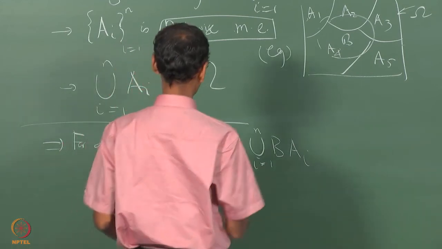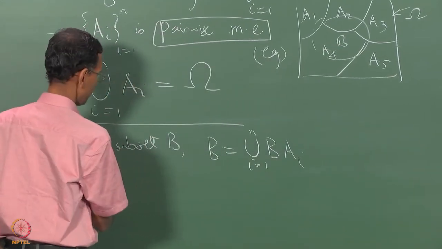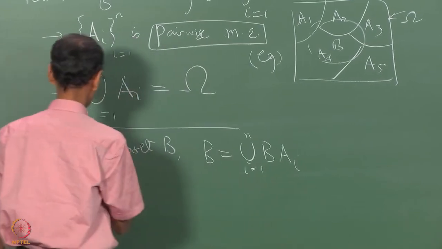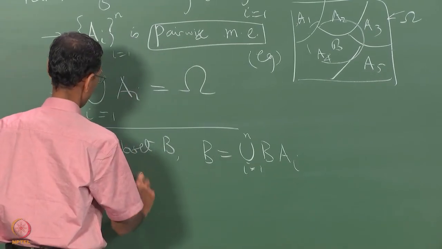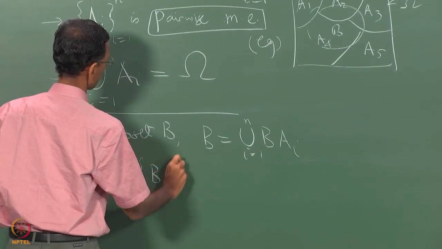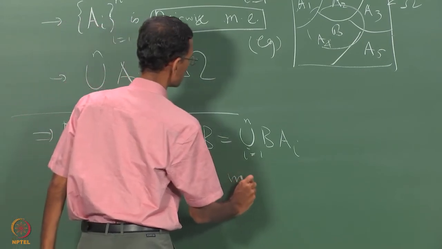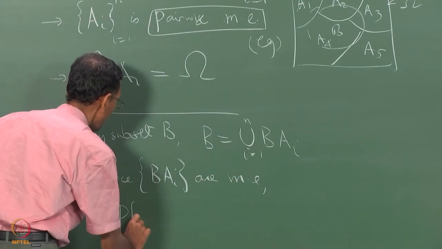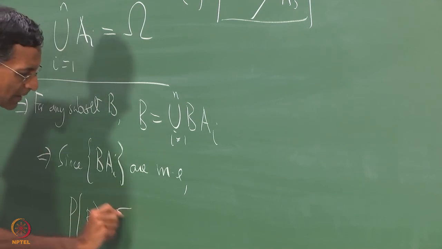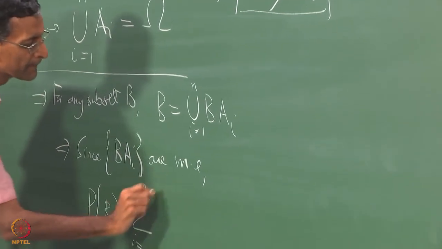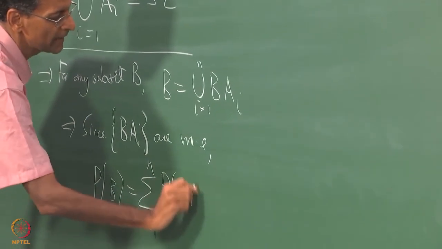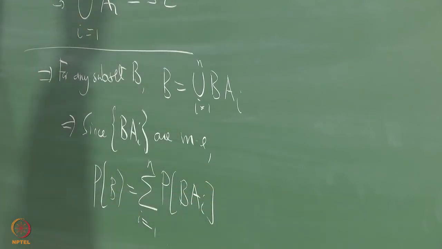And therefore, since the B intersection Ai are mutually exclusive, the probability of B is now the summation of P of B intersection Ai, using our additivity formula.